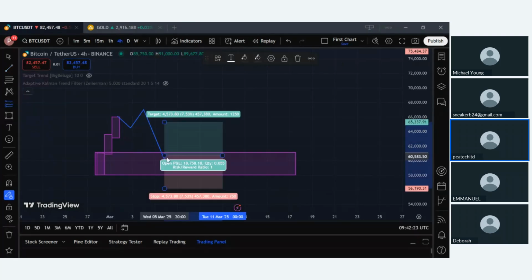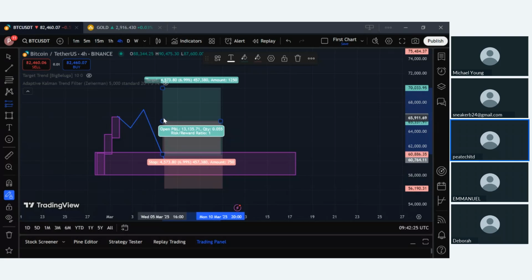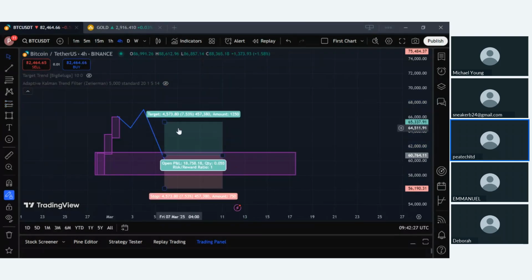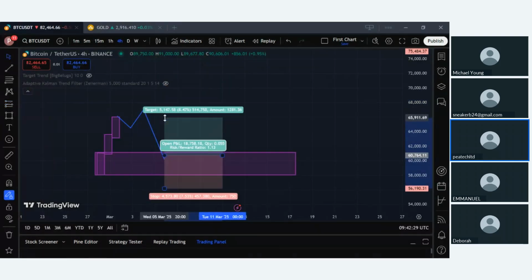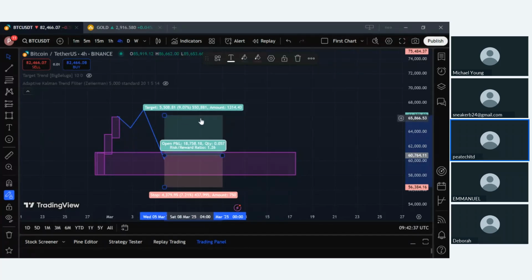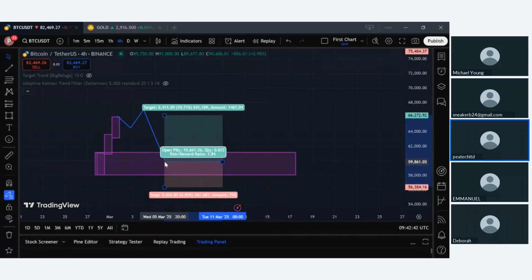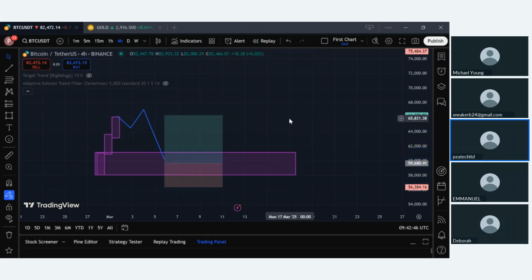Your take profit is going to be this last zone here, and you take your stop loss a little below it, with your entry at the middle of the zone like this.